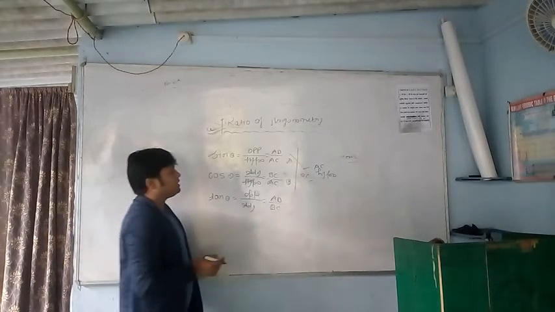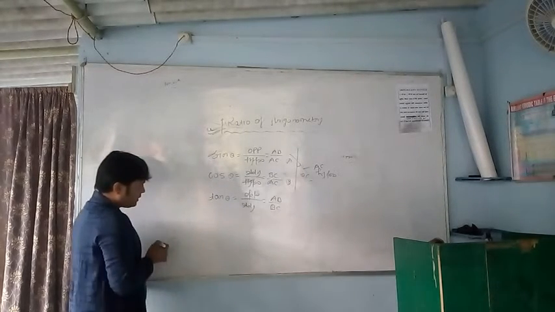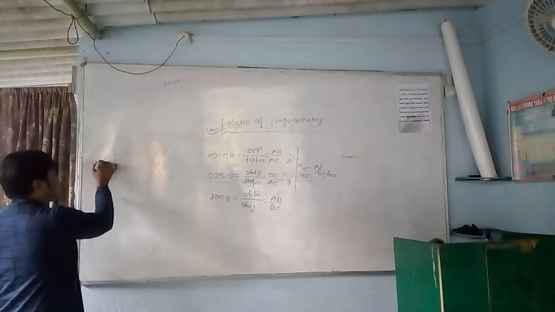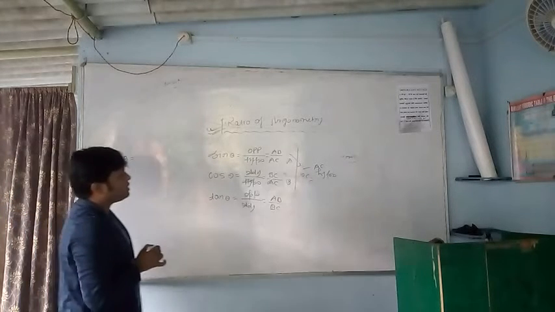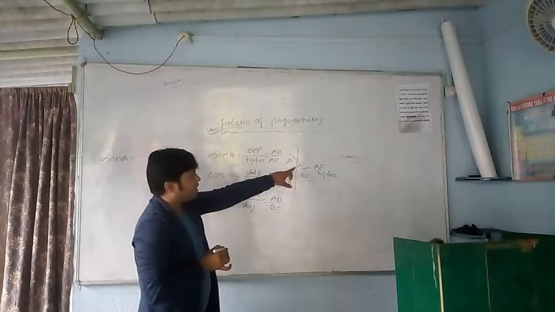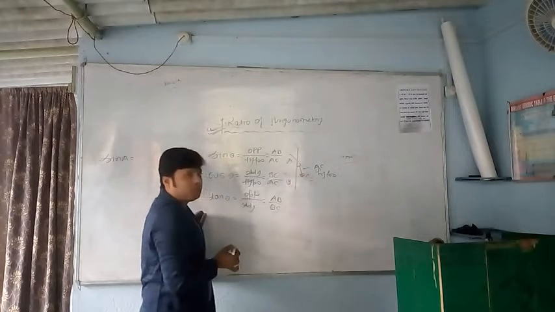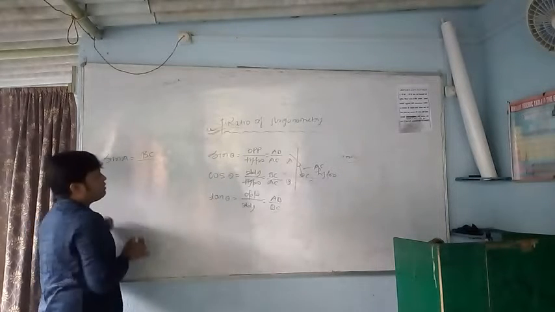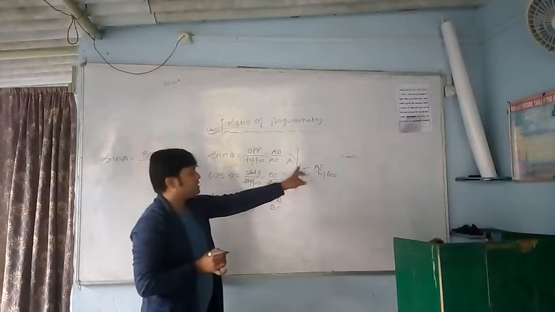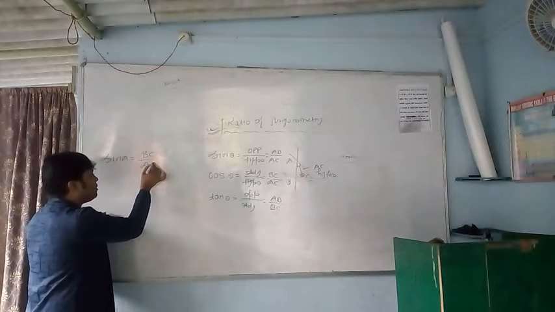If we talk about angle A, sin A, then its opposite side becomes BC. And what is the hypotenuse side? It is AC. So BC upon AC.